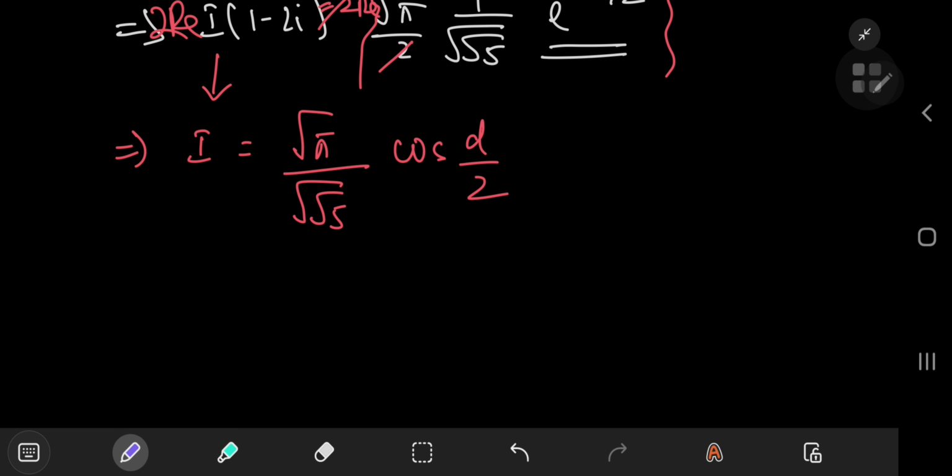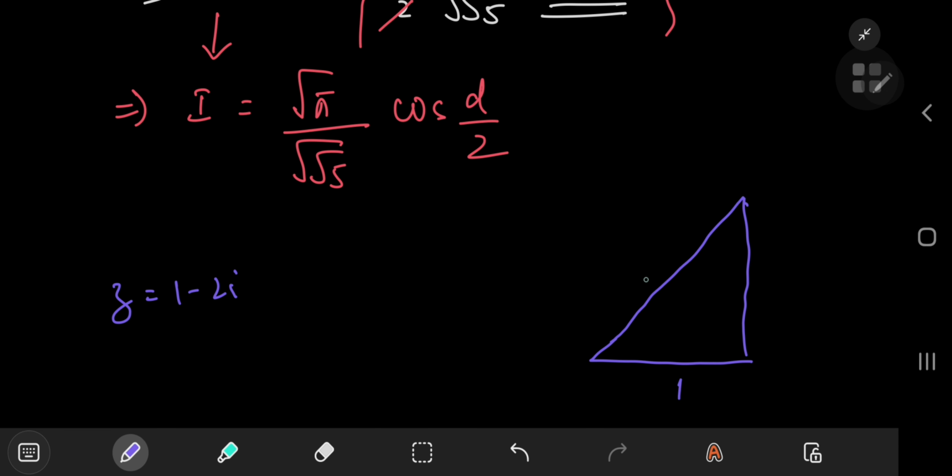So remember that your complex number z was 1 minus 2i. So drawing a right triangle where the base represents the real part, which is 1, and if we call this angle alpha, the perpendicular represents the imaginary part, which is 2, and the hypotenuse is the modulus of the complex number, which is the square root of 5.